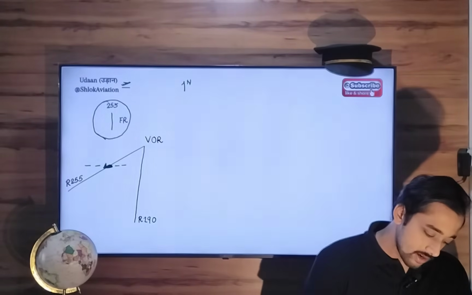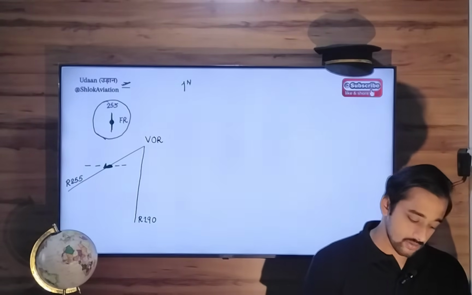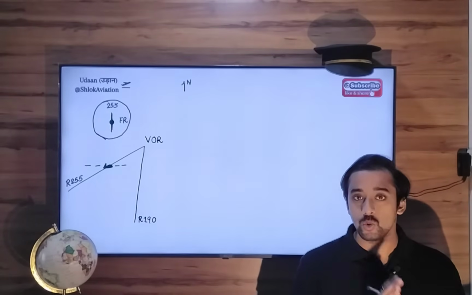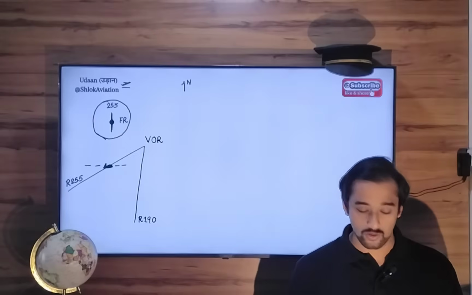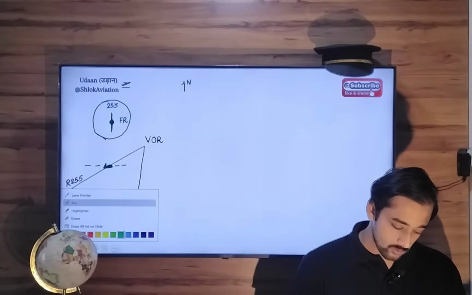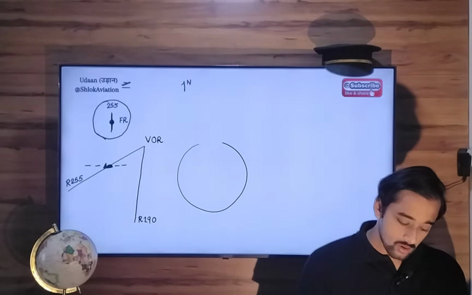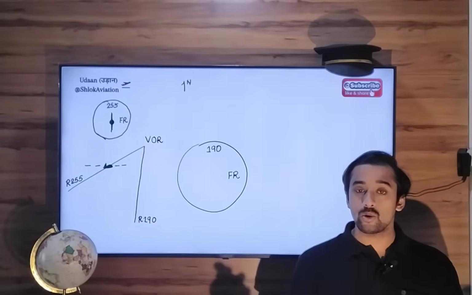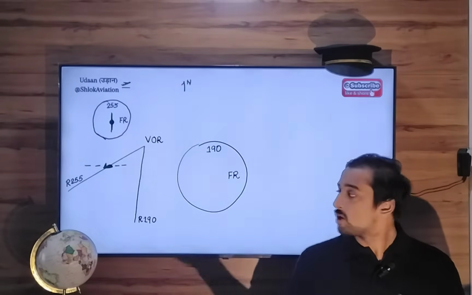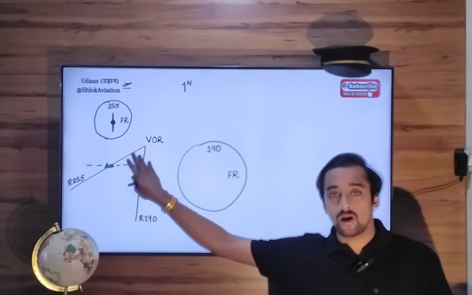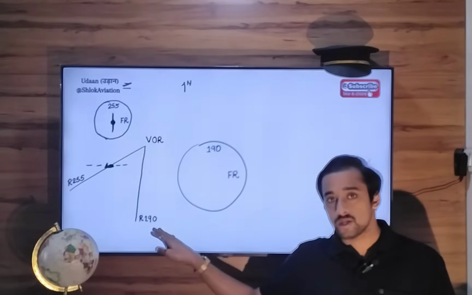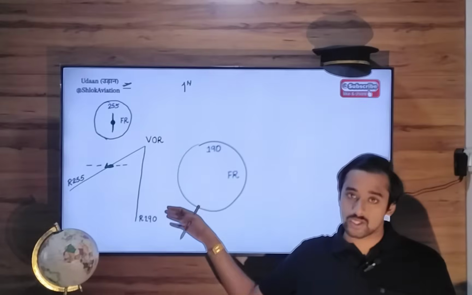Now, changing this OBS selector from 255 to 190 will continue to show a from indication, because 255 is a radial which takes you away from the VOR station. Similarly, radial 190 is a radial which will take you away from the station.